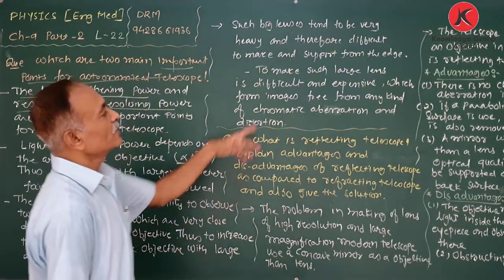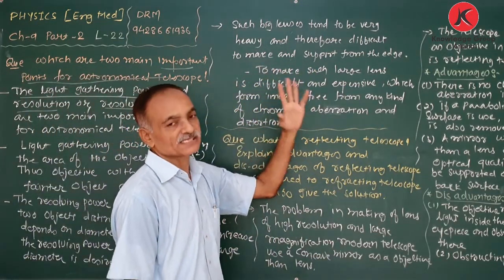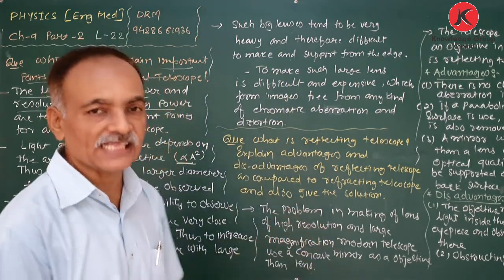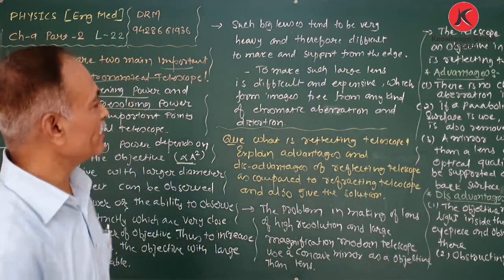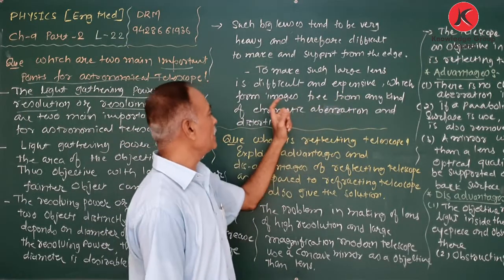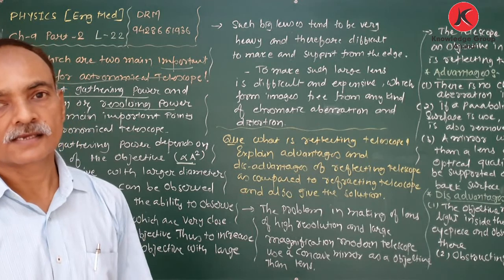Second, to make such a large lens is difficult and expensive. It is very costly to prepare this type of lens with larger diameter, in spite of the images being free from any kind of aberration and distortion.